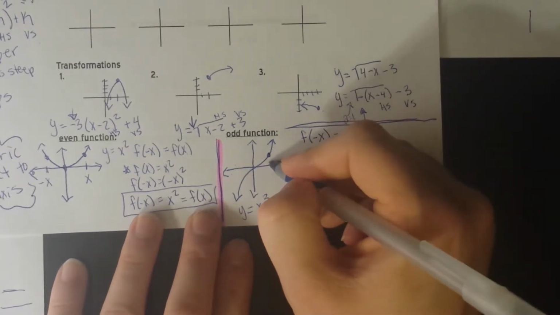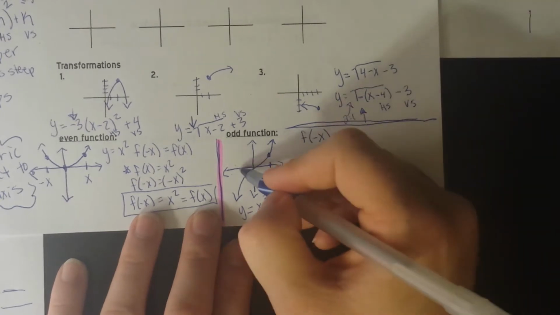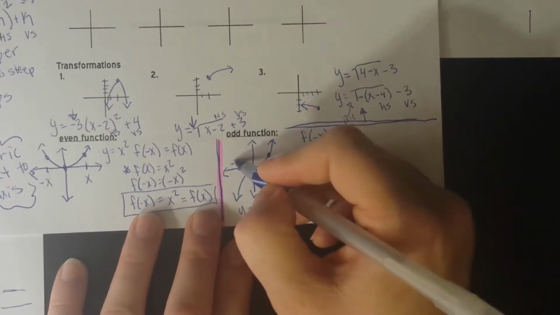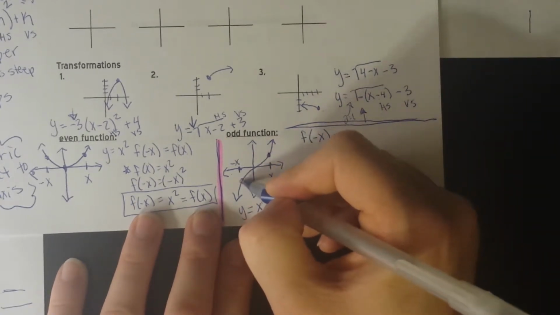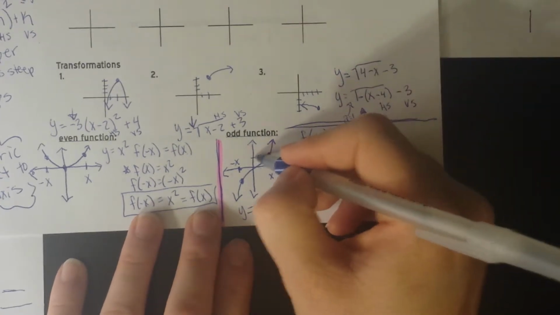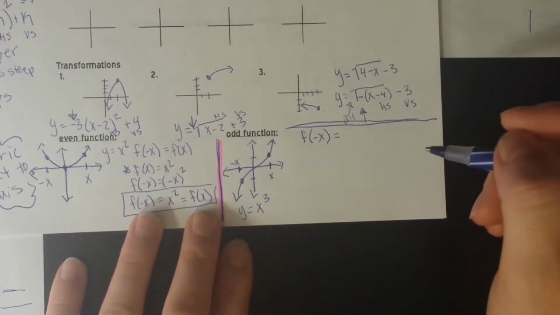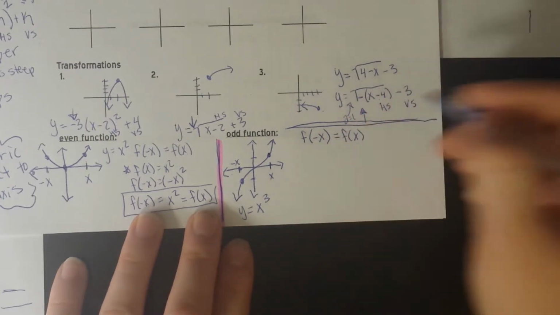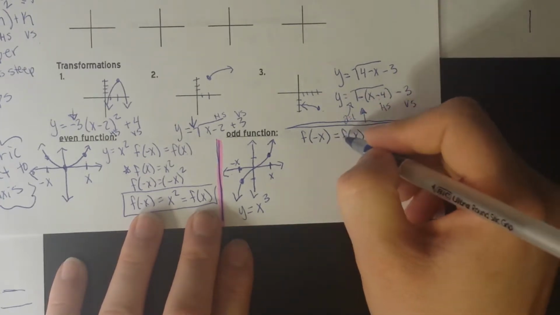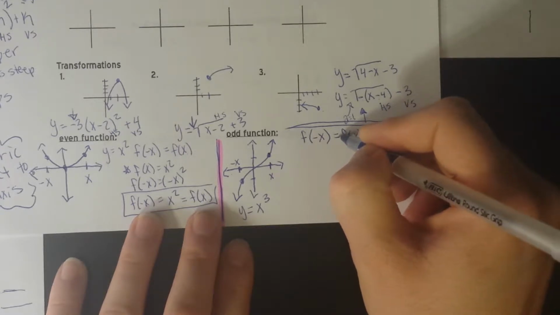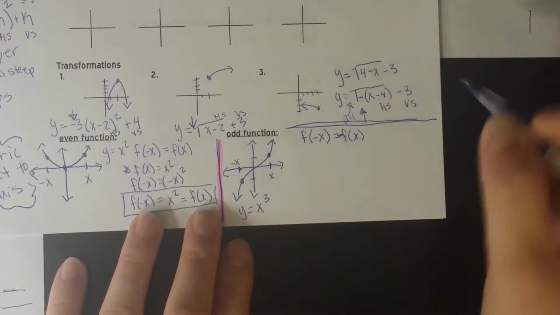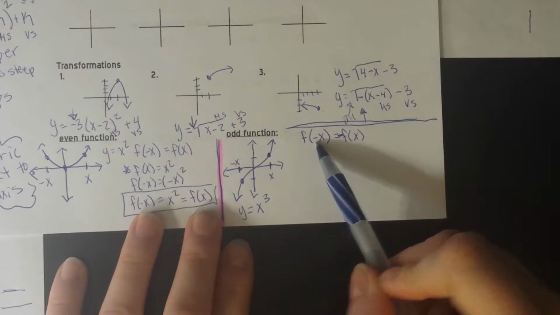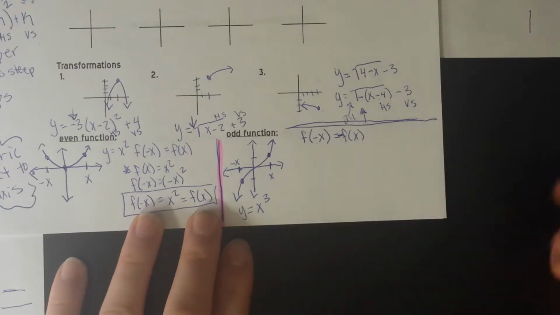For every positive x, there is a negative x, but if you look here, the height for the negative x value is going to be the opposite. It's going to be the negative version. If we plug a negative x into the function, we get a negative f of x.